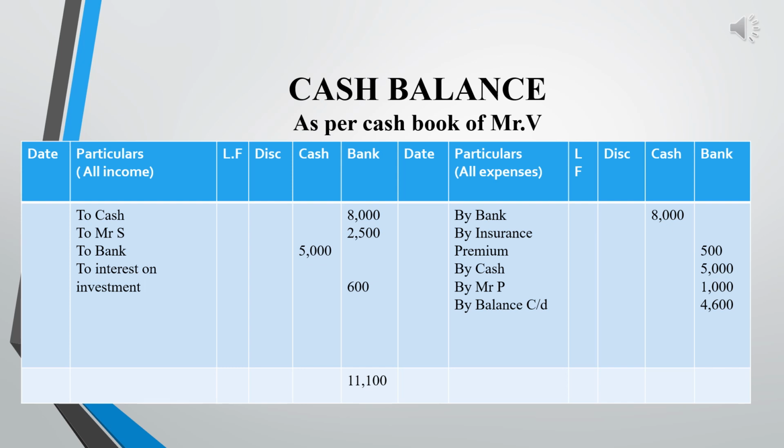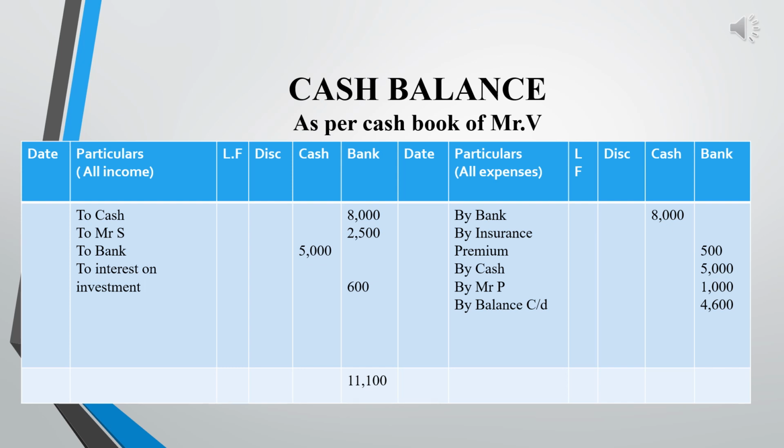And again, interest on investment has been deposited in Mr. B's account under standing instruction. Therefore, it is an income for Mr. B that has been reflected on the debit side of the cash book. Again, on the credit side, we have issued a cheque to Mr. P and that has been presented, and the amount has been debited.